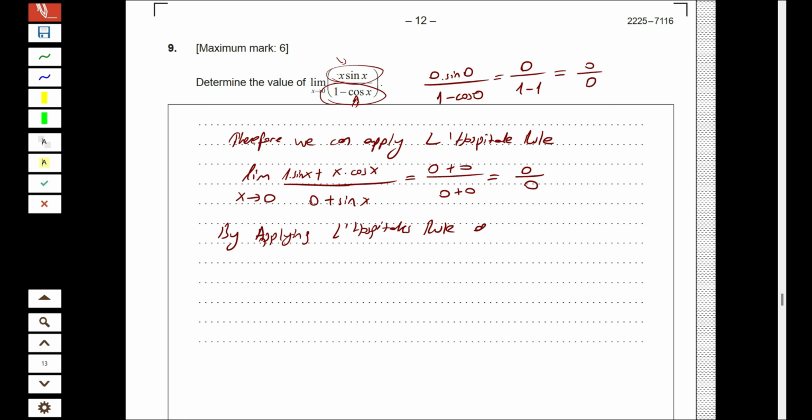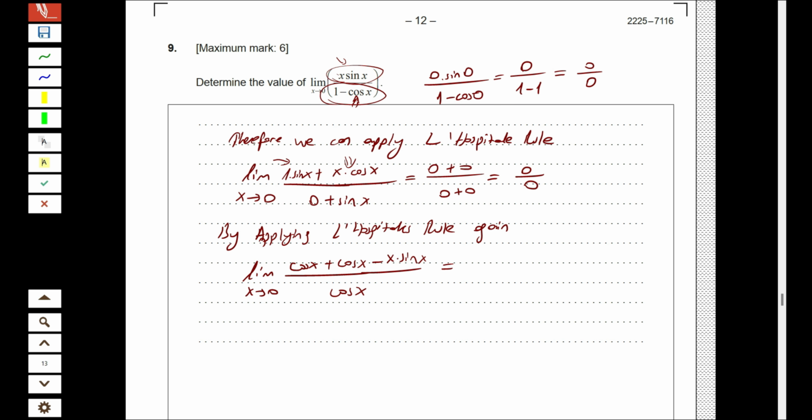We check the limit as x approaches 0. Now we find the derivative of the numerator first. The derivative of sine is cosine, and when you use the product rule, you find cosine x minus x times sine x, because the derivative of cosine is minus sine. At the denominator, the derivative of sine is cosine x.